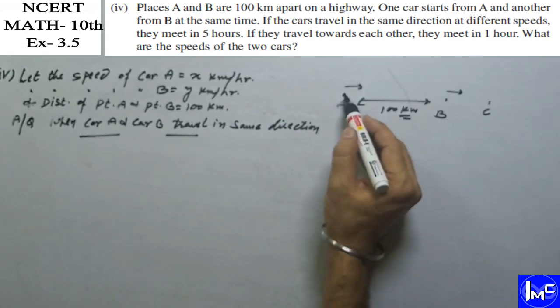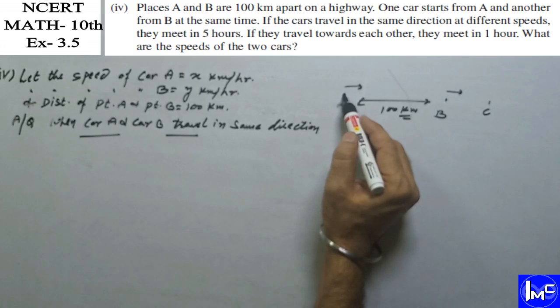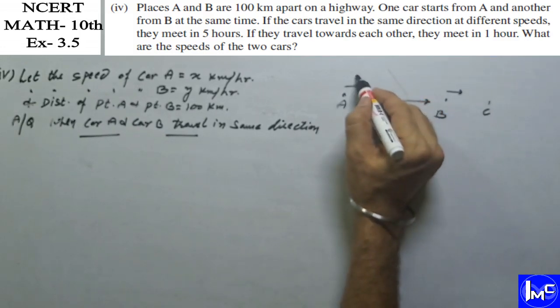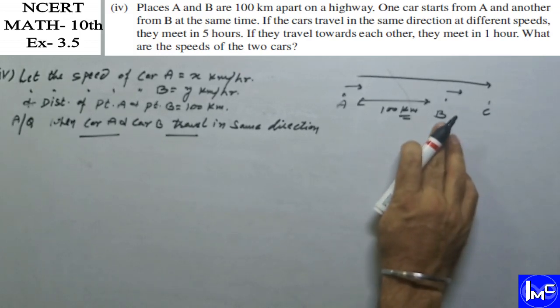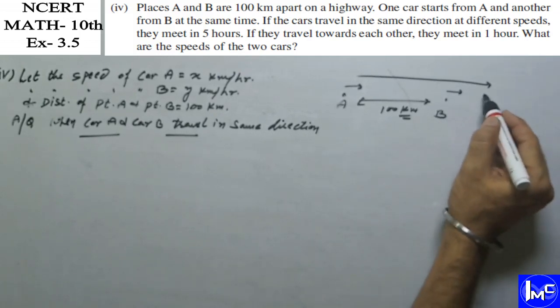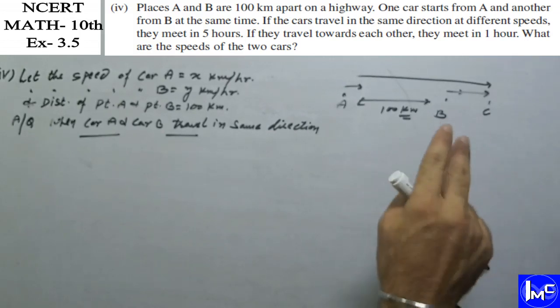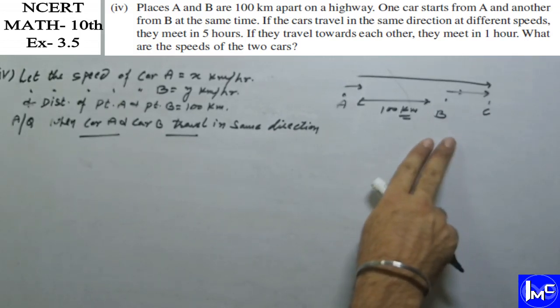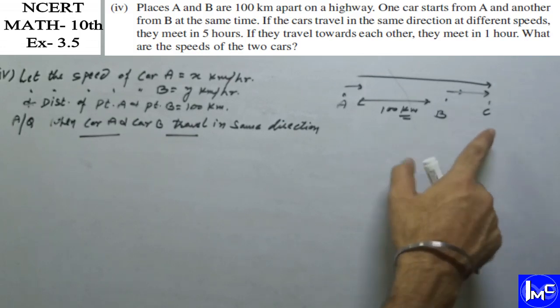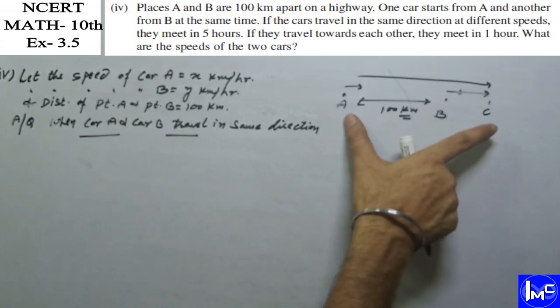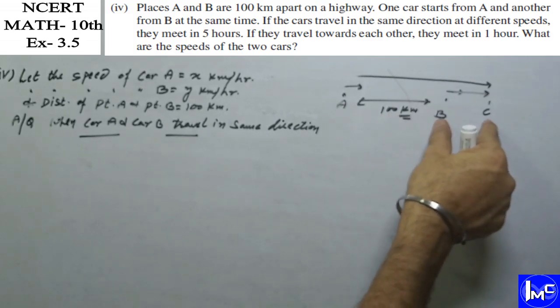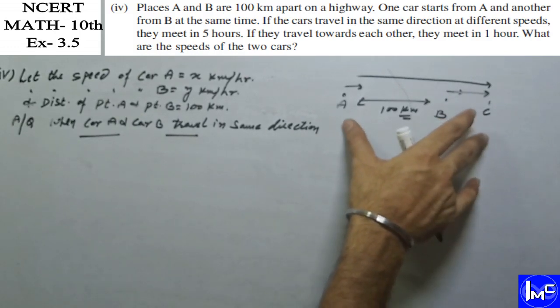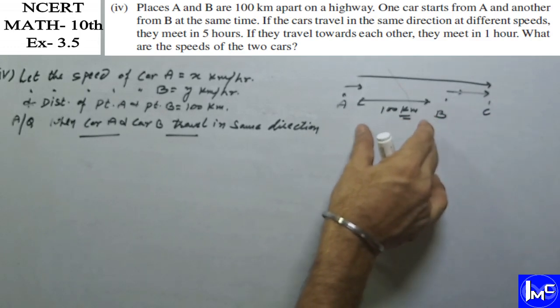I am supposing that the car starting from A reaches point C in 5 hours, and in 5 hours the car starting from B also reaches point C. So in 5 hours they both meet at point C. So I will find the distance car A traveled in 5 hours and the distance car B traveled in 5 hours, and I will subtract those distances to make them 100 kilometers.